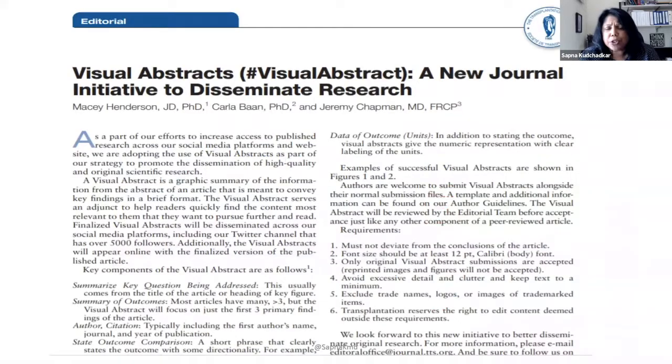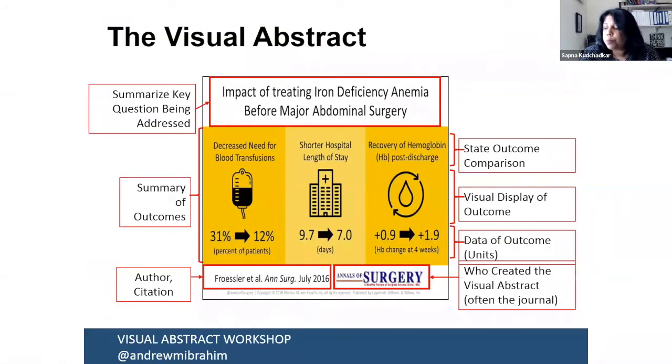The visual abstract has really revolutionized the way social media editors and social media are used to disseminate research. This is from the Transplantation Society talking about their new way of using visual abstracts for the journal. This is a great editorial if you'd like to read more about it. All of the details are in there. But let's briefly go over the basics of a visual abstract.